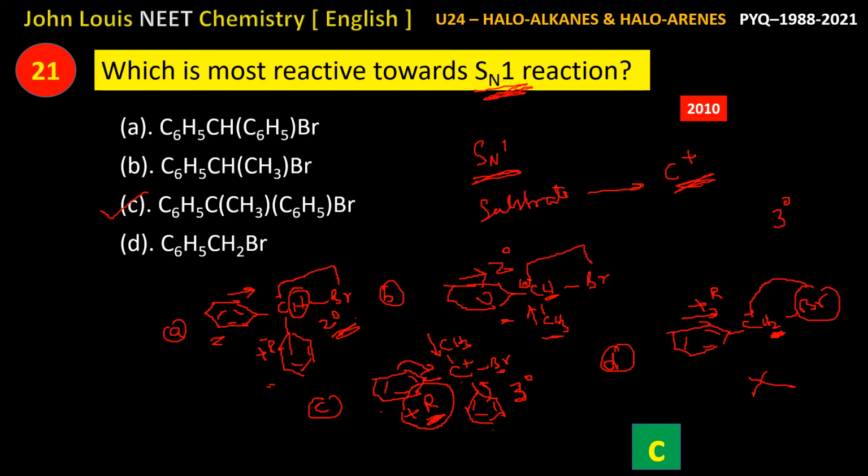And the methyl group also pushes its electrons towards this positive carbocation due to plus I effect. Therefore, the positive charge will be minimized, and this carbocation becomes more stable. That could be the reason for the more stability of tertiary carbocation. Hope you understood it very clearly.